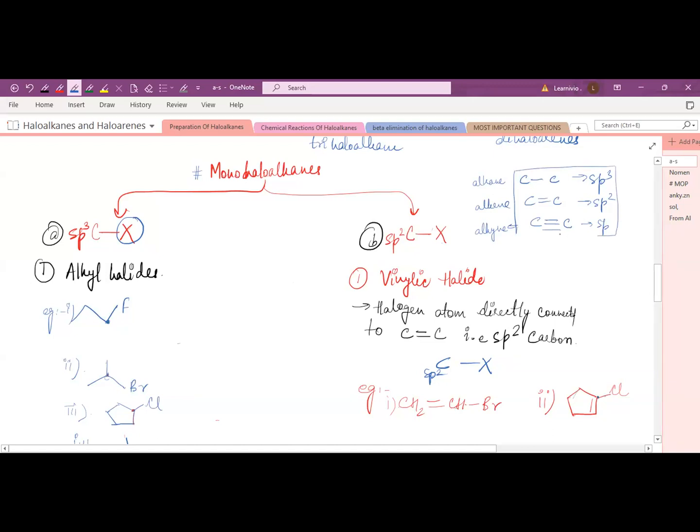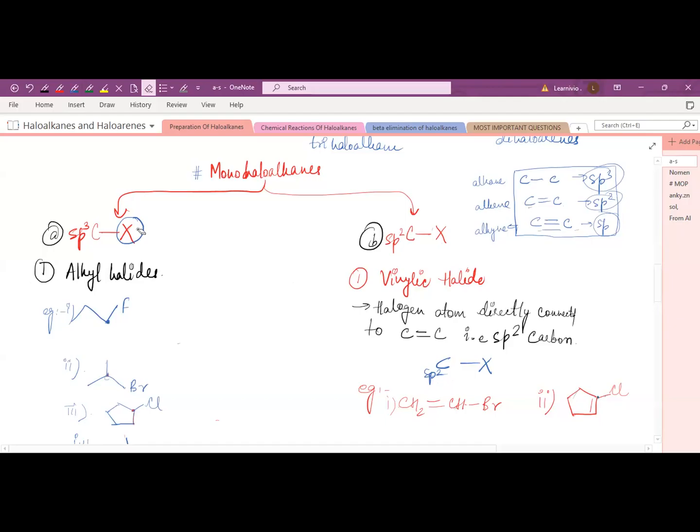If you don't know how to find the hybridization state, just keep in mind: a single bond between the carbons means an sp3 hybridized carbon, a double bond means sp2, and a triple bond means sp. Now see, monohaloalkanes are of two types.